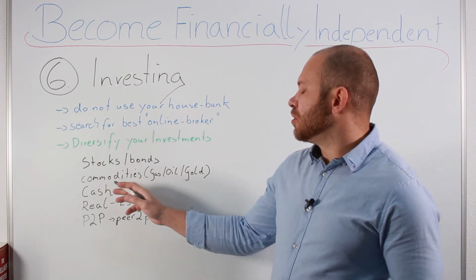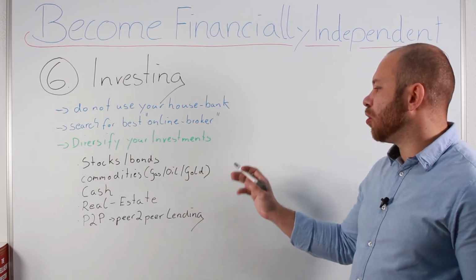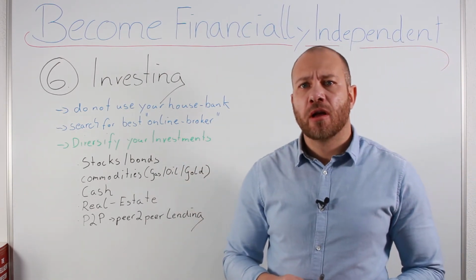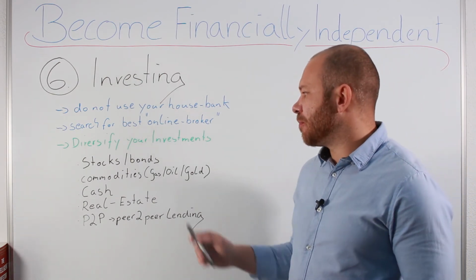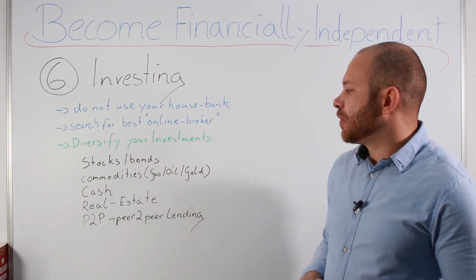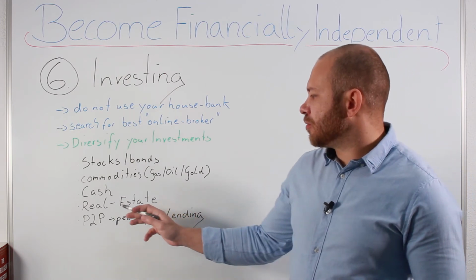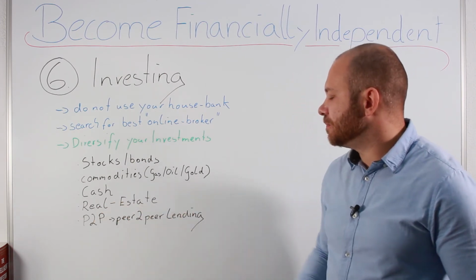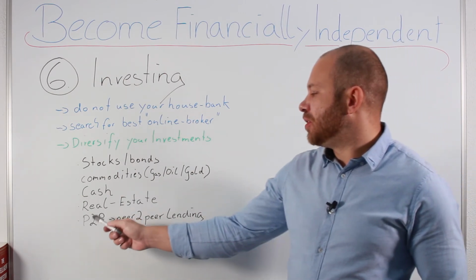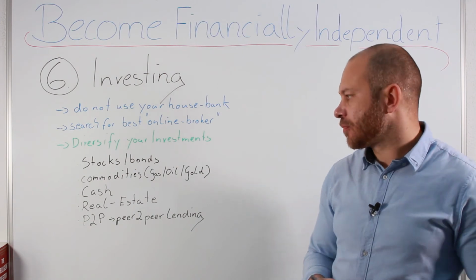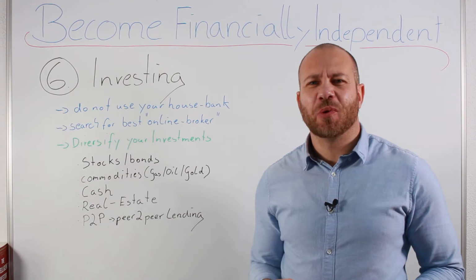It's a smart thing to do that you invest as well in commodities like gas, oil or gold, right? As well, have a certain amount of cash back home. If something goes down, etc., then you have something. Another would be that you invest in real estate or in peer-to-peer lending, P2P as they say. Or the next one I forgot to mention nowadays as well, in crypto.